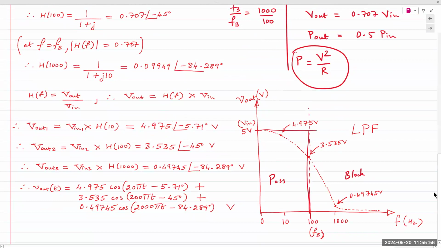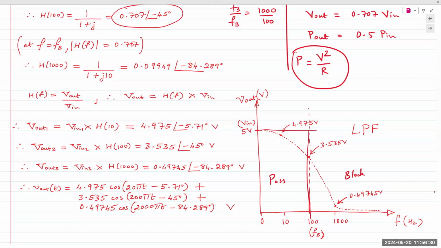At the break frequency, the output voltage will always drop to 70% of the input. So you get 70% of the input, or 70.7. It'll always be 0.707 with an angle of minus 45, always. Because if your input has the exact same frequency as your break frequency, you will always obtain 1 plus j in the denominator.